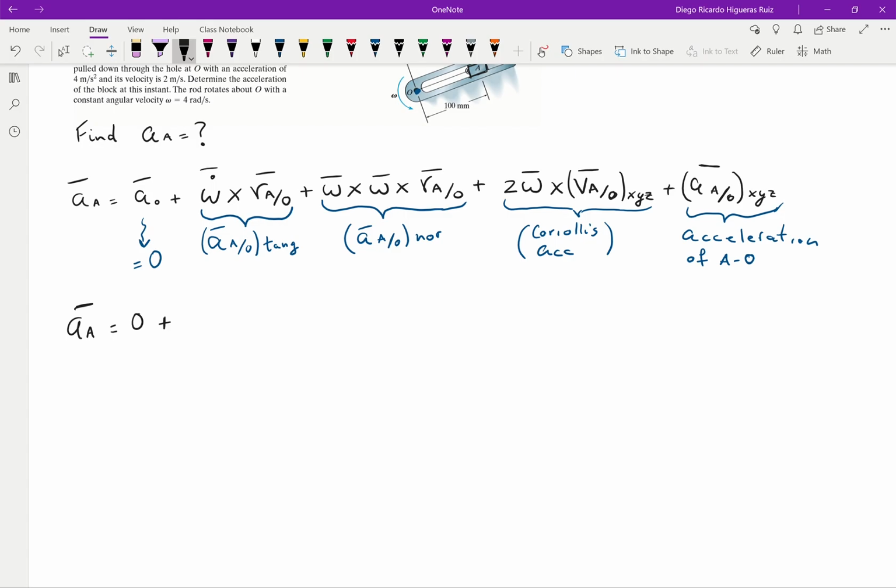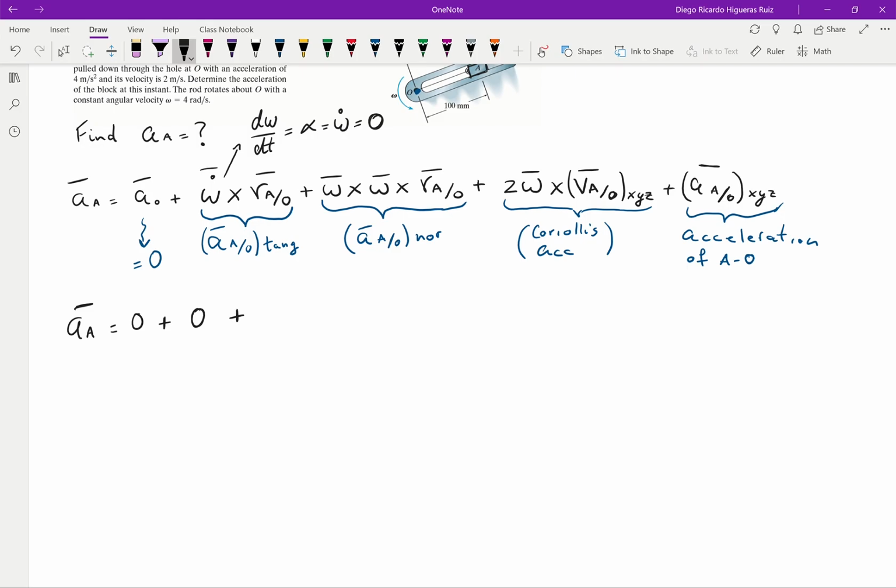What is given in the problem is omega, the angular velocity, but that's gonna be constant at 4 radians per second. So if it's constant, when we take d omega dt, which is equal to alpha or omega dot, it's just gonna be equal to 0. So that tangential acceleration is also equal to 0.